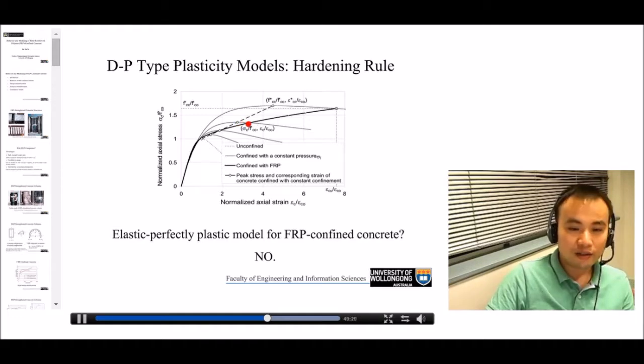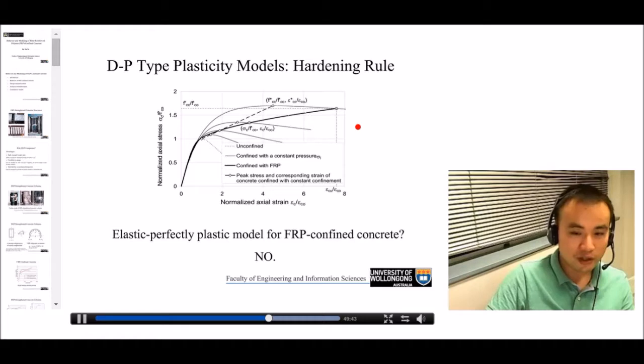They're normally lower than the peak point. If you take the perfectly plastic assumption, that means up to the peak point, the stress remains constant. But in the real case, for FRP-confined concrete, the stress is lower than the peak point.